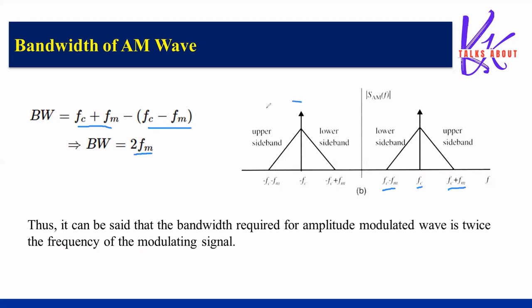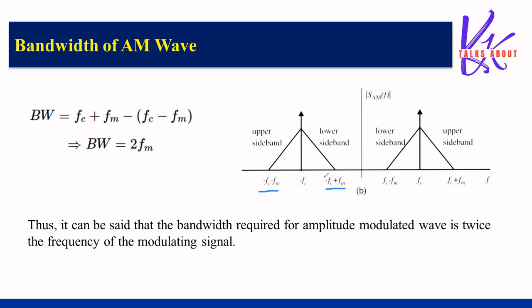So similarly, we can also calculate it for the negative frequencies. If you calculate the maximum frequency here, it is minus FC plus FM, and here the minimum frequency is minus FC minus FM.